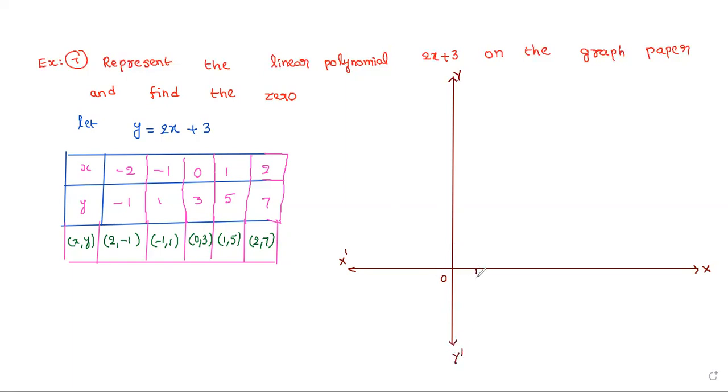On the x-axis the values are 0, 1, 2, 3, 4, 5, 6, 7 and negative minus 1, minus 2.